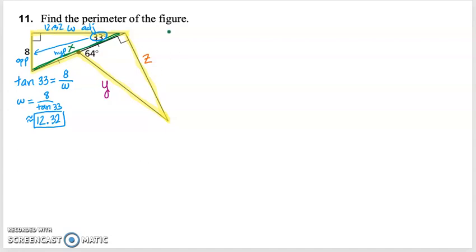Sine! Yep, sine. So the sine of 33 would be equal to opposite side 8 divided by hypotenuse X. And we can play our switcheroo here. So X is equal to 8 divided by sine of 33, which ends up being just about 14.69. It rounds up, so let's do that.